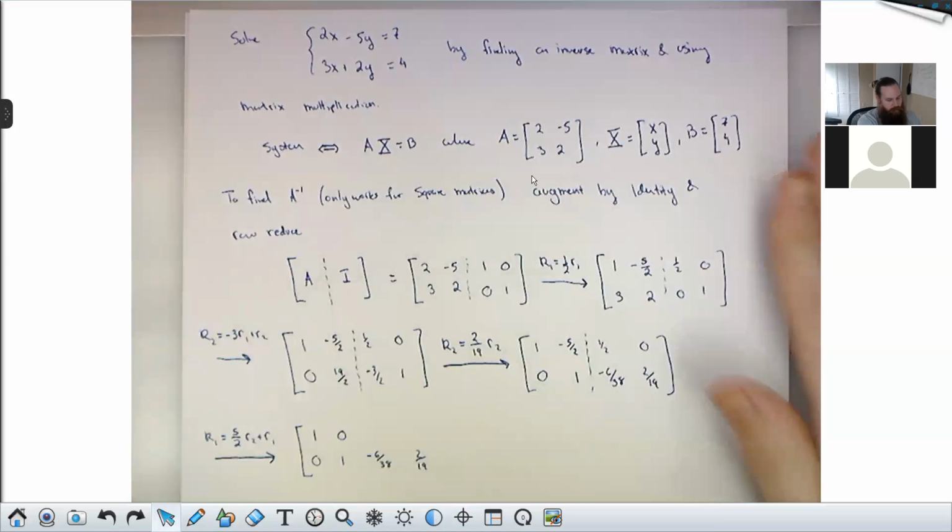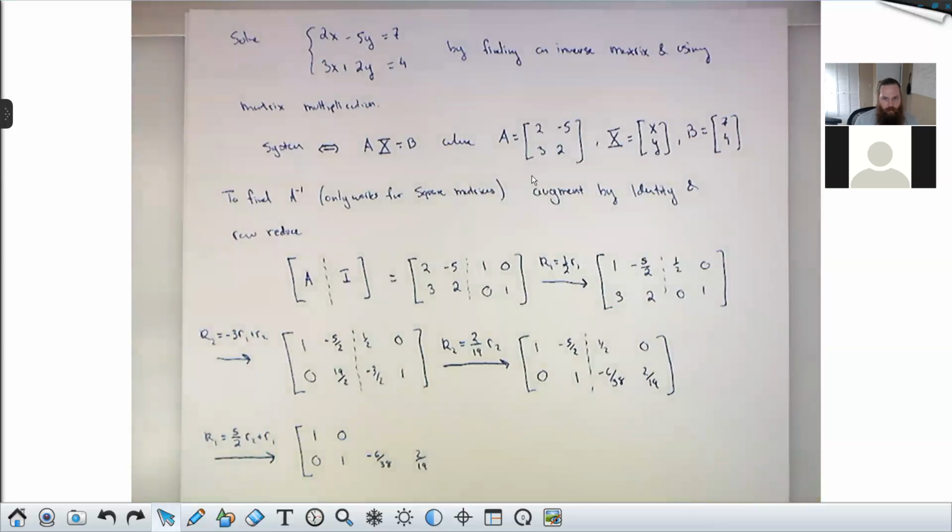Get ready for the nasty algebra. I may borrow a calculation tool here. 5 halves times 6 over 38.